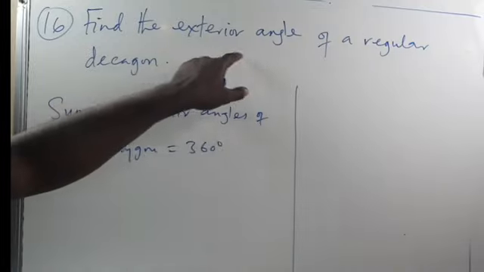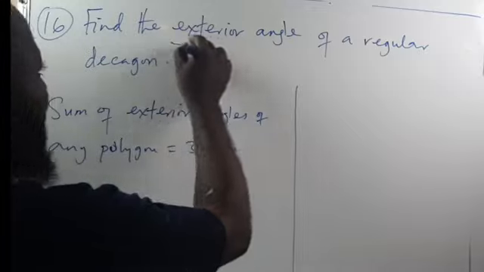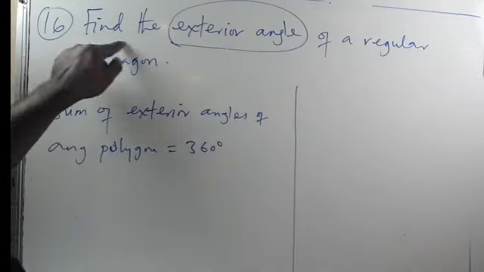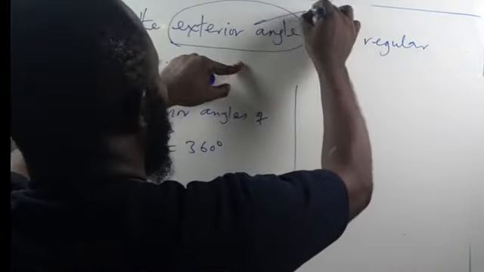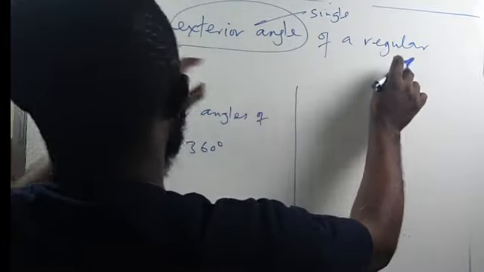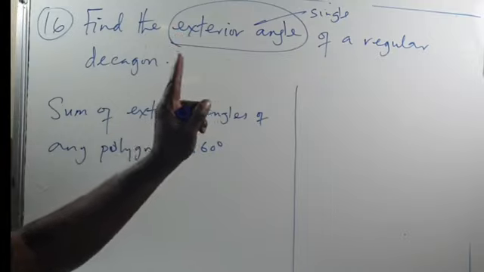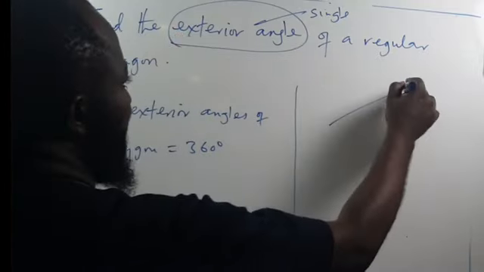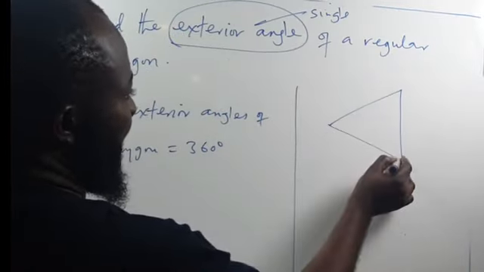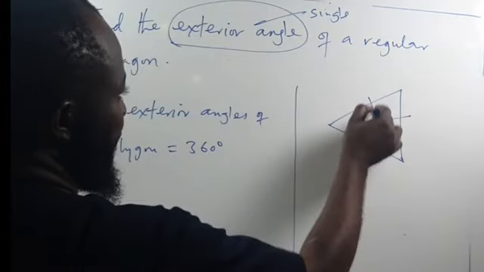So now find the exterior angle. Here you have to be very careful again. Find the exterior angle. This one is singular, of a regular polygon. That is, find each exterior angle. Just for example, this is an equilateral triangle.